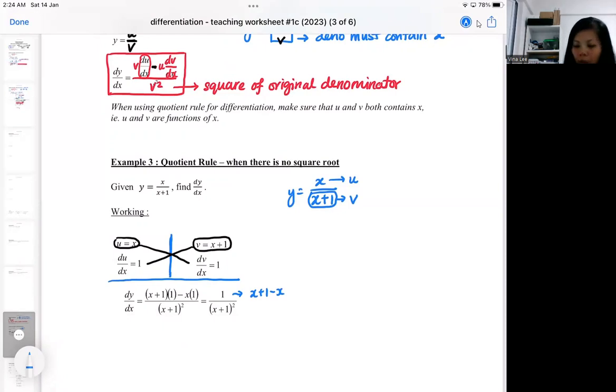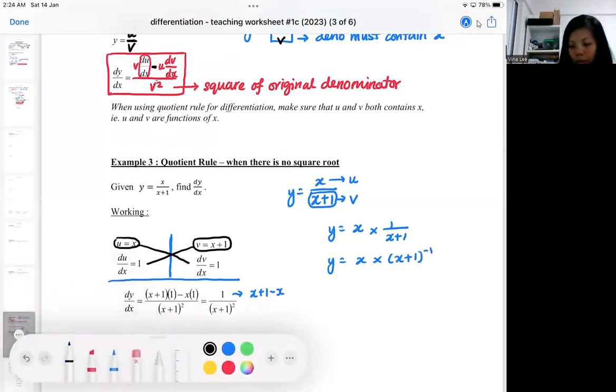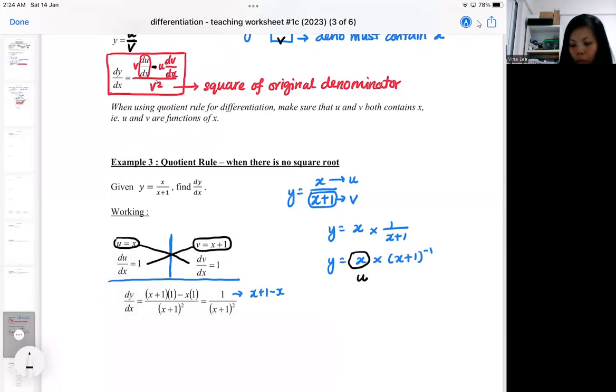At this moment, there will be some students who will strongly prefer the product rule. There will be students who prefer to look at it this way, and then they make it into a product. You can do that. If you're going to do the product rule, this will be the u.